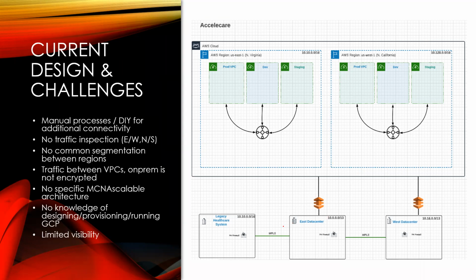And in this particular design, we have 3 different data centers, the legacy healthcare East data center and the West data center. Inside each of the VPCs, there's a hub and spoke architecture today. So we're using TGW and attaching our prod, dev, and staging. And it's pretty much the same thing over in US West.